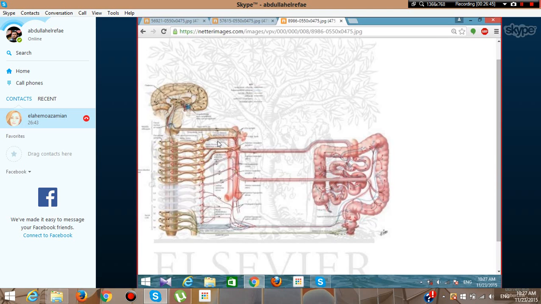Okay. So these are the three thoracic splanchnic nerves. Then go down, you have inferior mesenteric ganglion. Look, you get that from lumbar part of the spinal cord. Do you see? Lumbar splanchnic nerve. Exactly. So you get it from lumbar part.